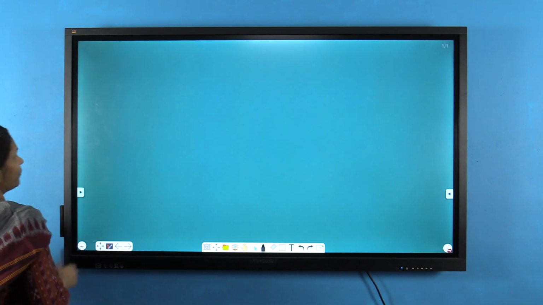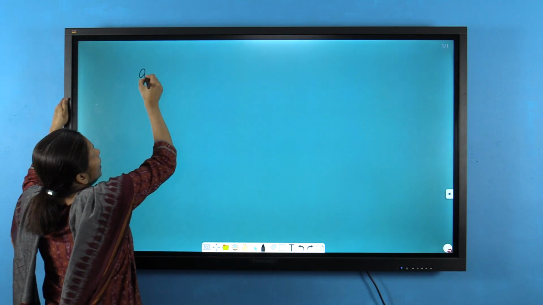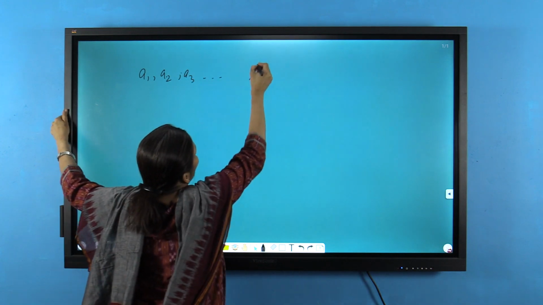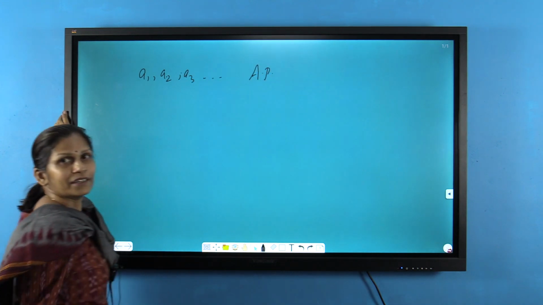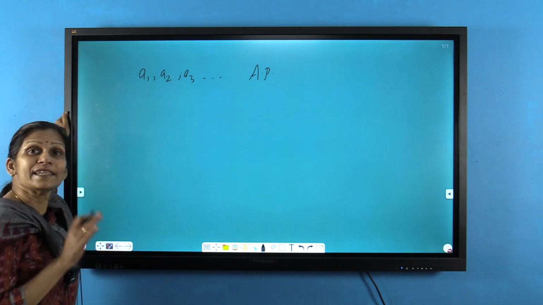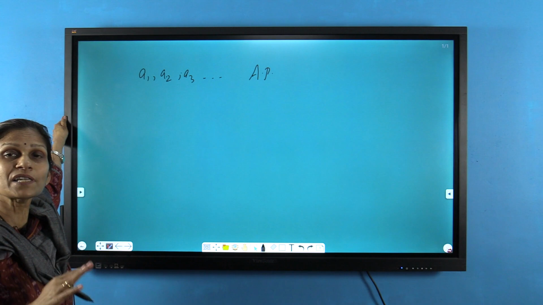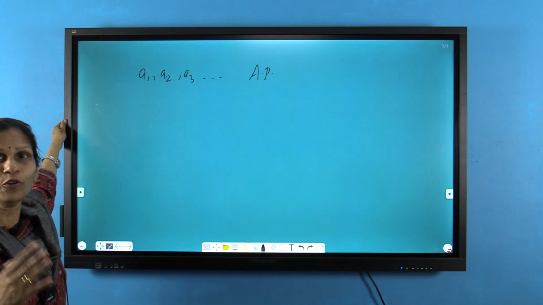Now, another property. Suppose I have A1, A2, A3, etc. are in AP. Then if I add the same term to each, they would also be in AP. Subtract the same term, they also would be in AP.